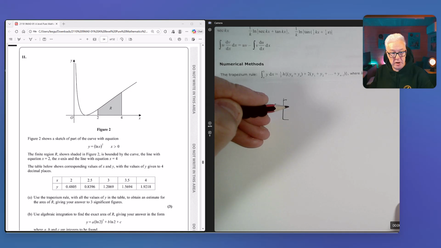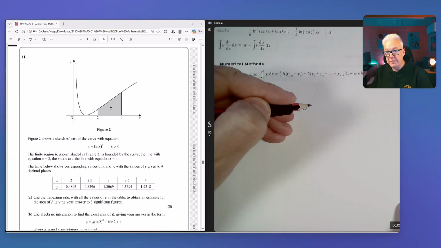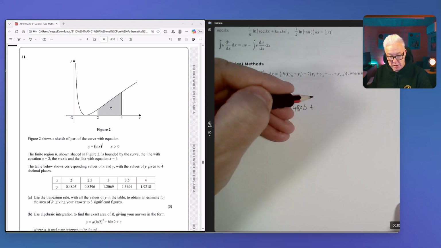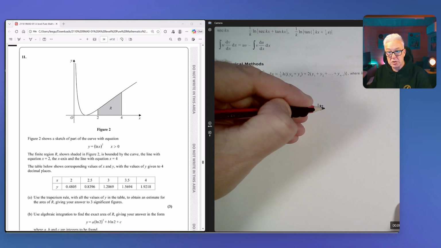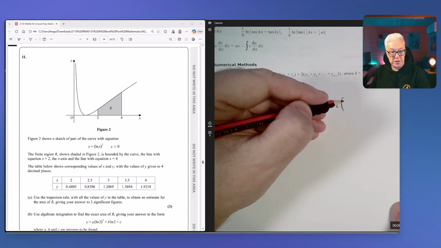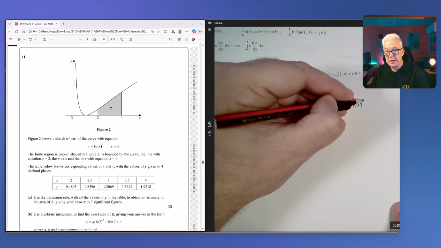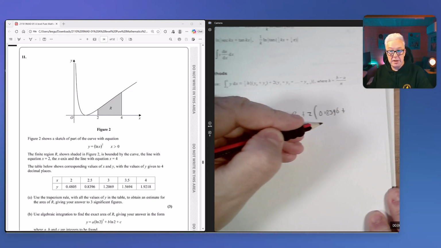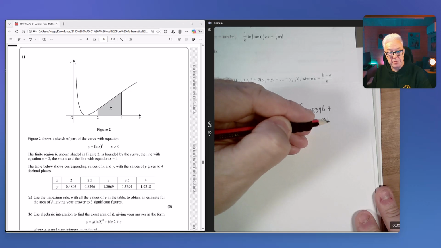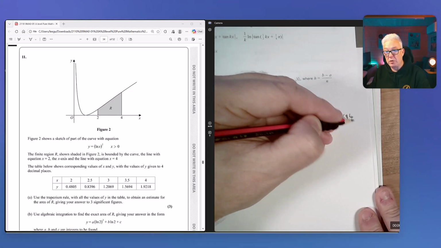The y0 is 0.4805, and the yn, the last one, is 1.9218. And then we're going to have two lots of all the ones in the middle. So two lots of 0.8396 plus the next one, which is 1.2069, plus 1.5694, like so.